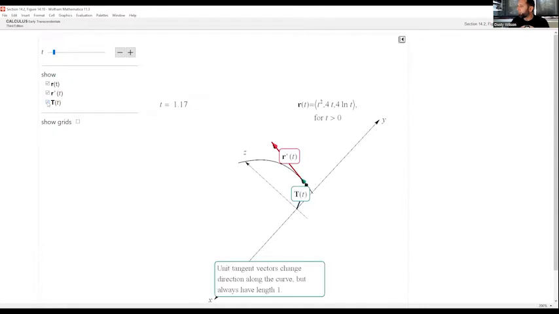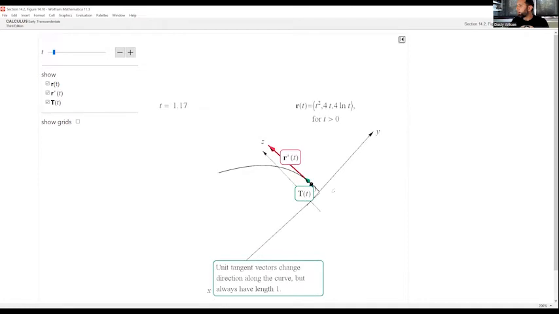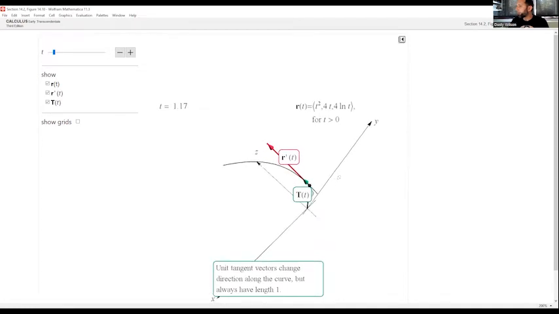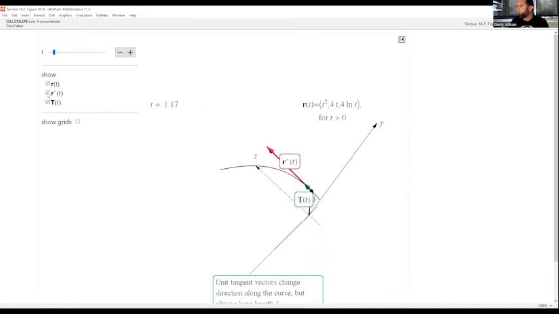Big T of t is a little different. It walks along that same direction as the red vector, except its length is always the same. Notice the length is always 1. It's got this nice uniform length start to finish.